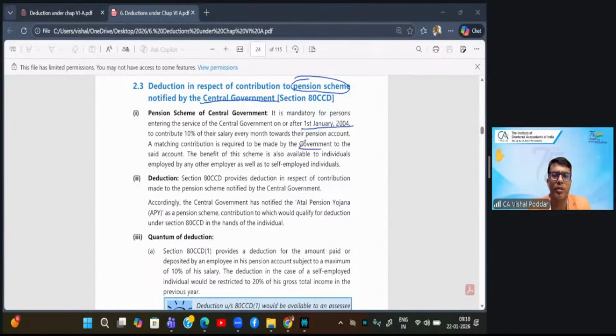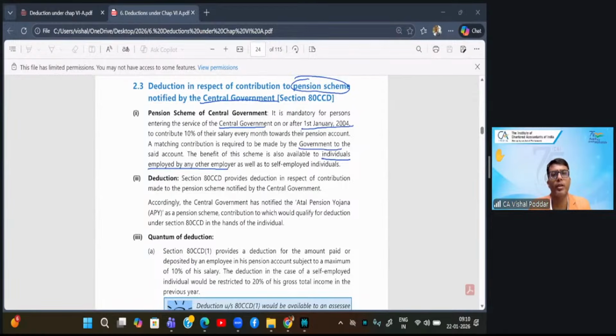Hence, when you see here, the word is government. So plan is of central government. However, since now it is allowed even for state employees, so even state government and its employees can contribute to this plan. And today, this is open even to private employees.